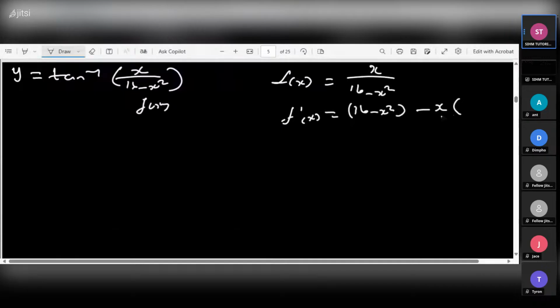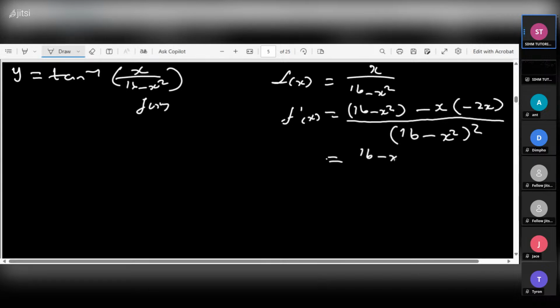So this is going to be negative 2x, as you know, and then all divided by 16 minus x squared, and then all squared. So when we simplify, this is going to be 16 minus x squared, and this is going to give you the plus of 2x squared, all divided by 16 minus x squared, and then all squared in that way.